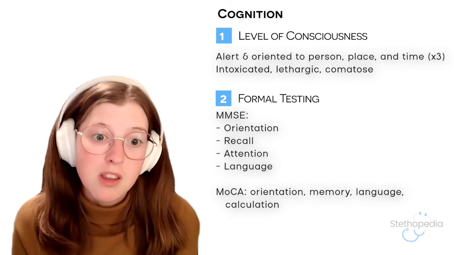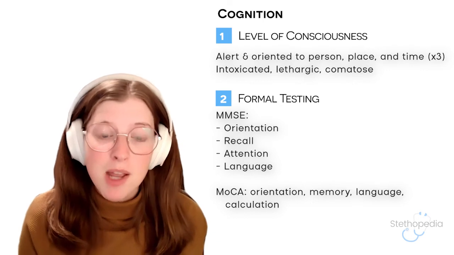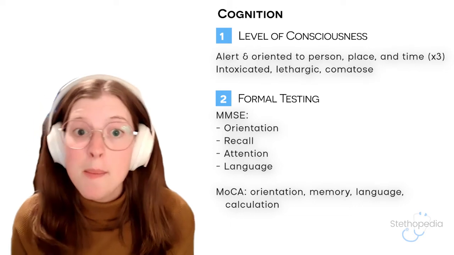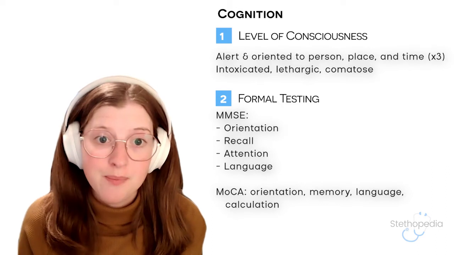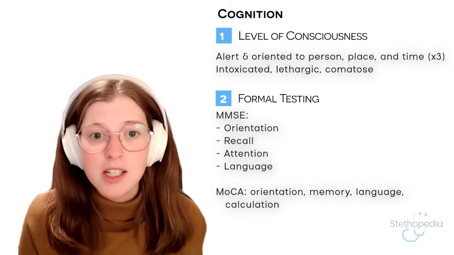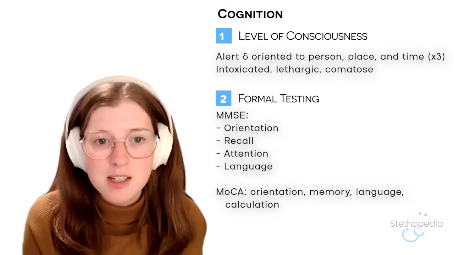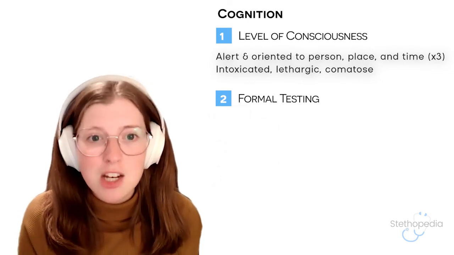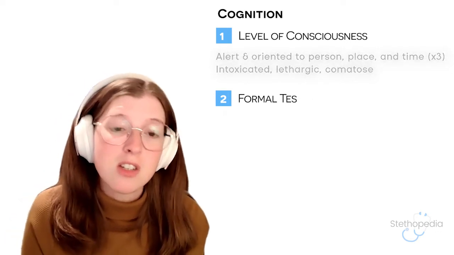For example, the MoCA or the MMSE might specifically test a patient's perceptual motor skills, attention, language, memory, executive functioning, or spatial awareness. Most often in psychiatry, particularly in the emergency department, we might not formally test someone's cognition, but we can comment on whether there is disturbance in sensorium, attention, alertness, arousal, or orientation, such as if the patient is intoxicated, lethargic, or comatose.